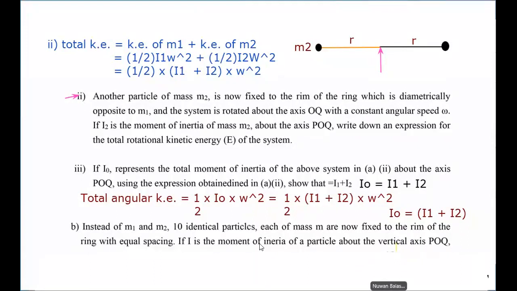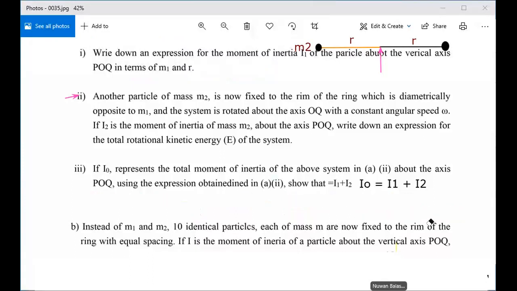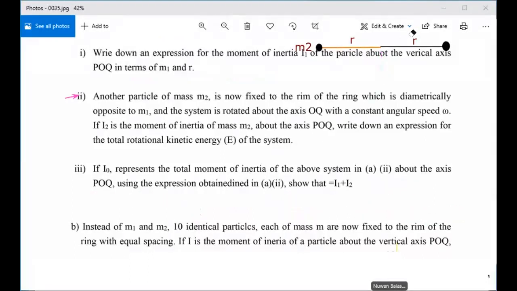If capital I is the moment of inertia of a particle about the vertical axis POQ, the moment of inertia of a particle is capital I. Remember it. Now let me erase everything and let me go to the next part of the question. Next part means actually next page. Let me go to the next page.